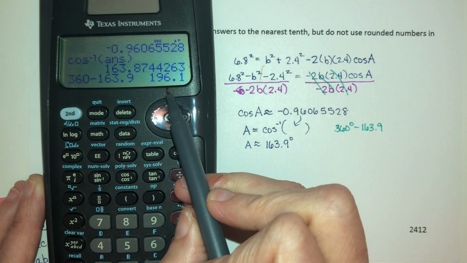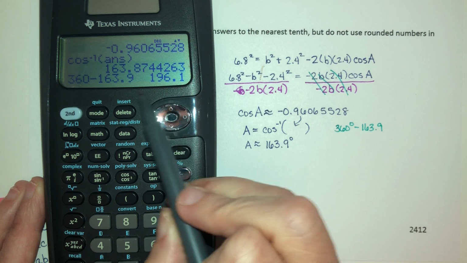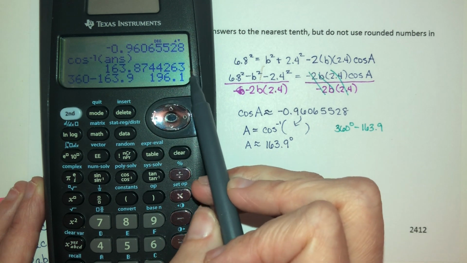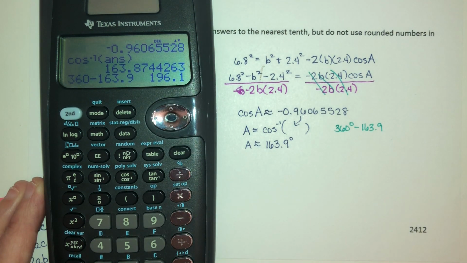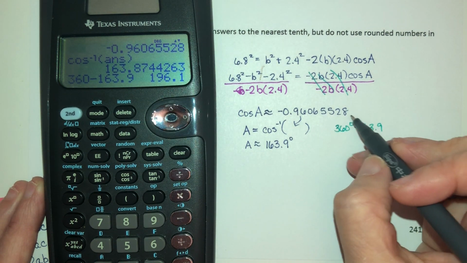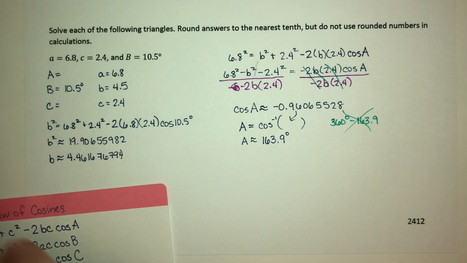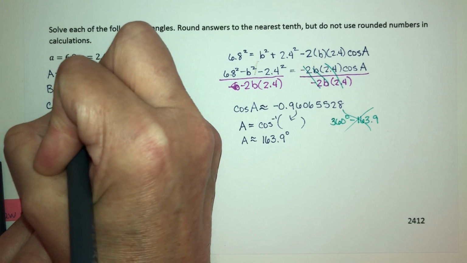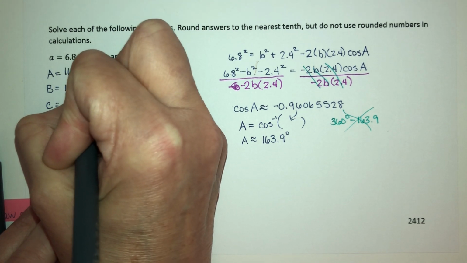And I get 196, which is too big to have in a triangle because we certainly can't have one angle at more than 180 when they're all supposed to add to 180. So that's not a possibility. And our A value is 163.9 degrees.